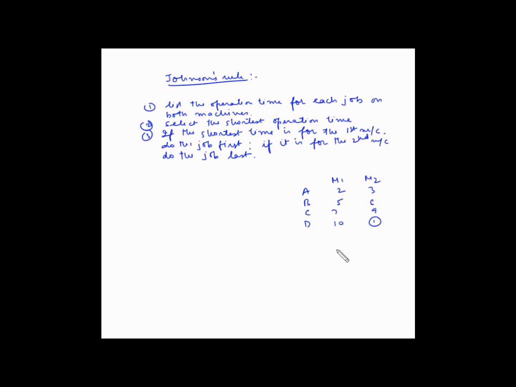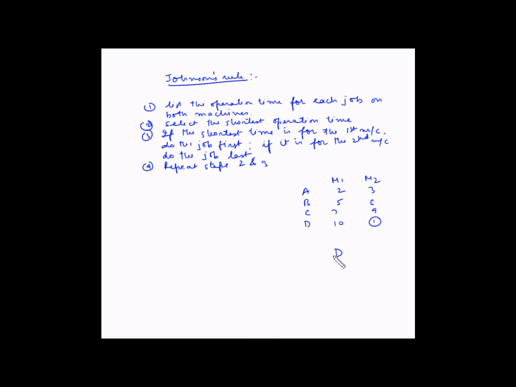So at the end, we'll do job D. Now step number 4 says that repeat steps 2 and 3 for each remaining job until the schedule is complete. So repeat steps 2 and 3.